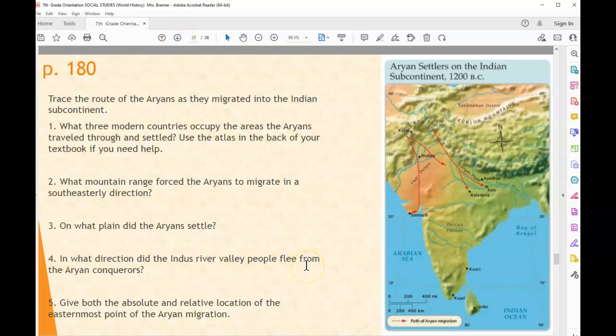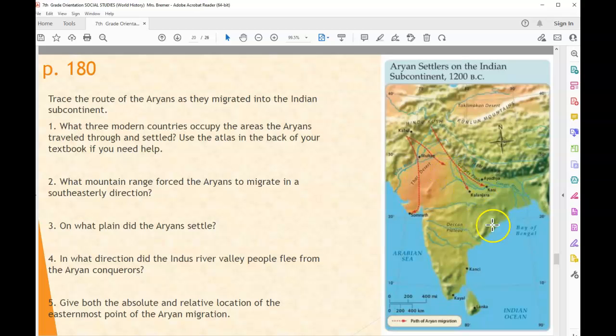Then this is also in the Nearpod using page 180. You're going to answer these questions. You're going to take a look at what 3 modern countries occupy the areas the Aryans traveled through and settled. So the Aryans started here. Then where did they travel and where did they settle? What mountain range did they come from? On what plain?